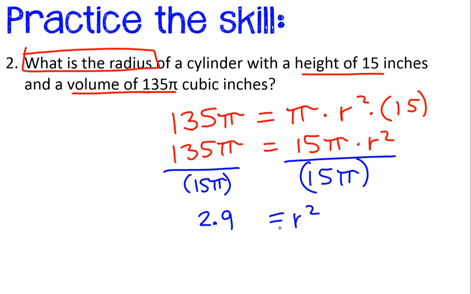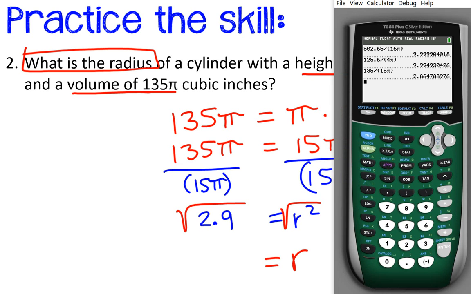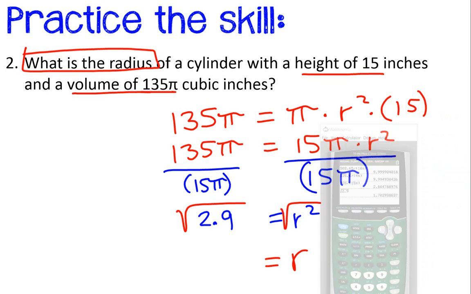And then don't forget, you've got to take the square root of both sides. So I'm going to go with approximately 1.7.